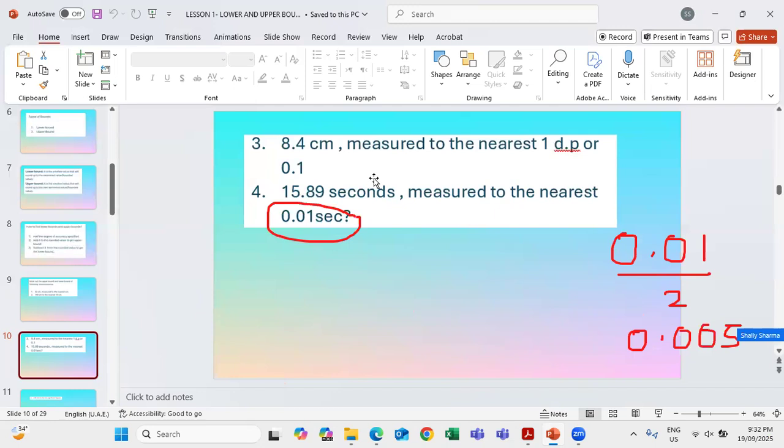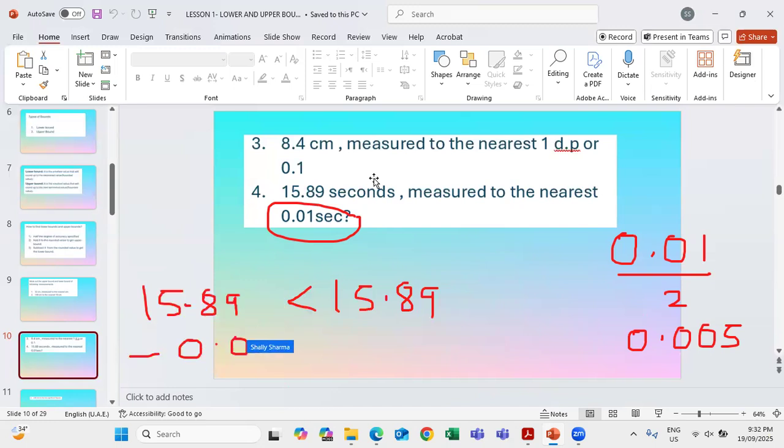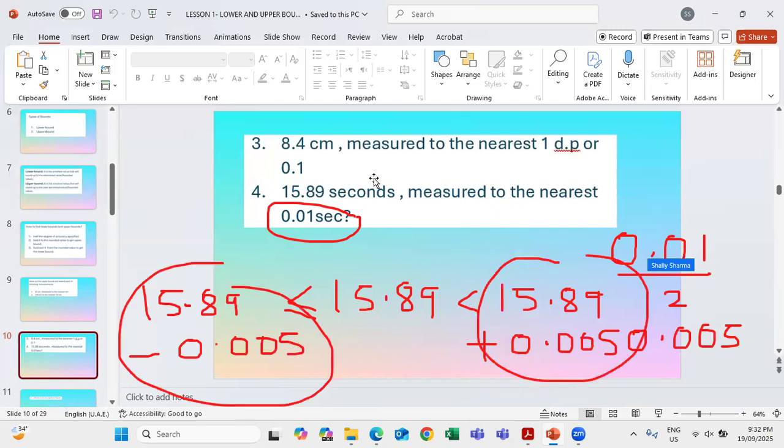The lower value will be obtained by 15.89 minus 0.005, and the upper value you will get as 15.89 plus 0.005. So this way you can calculate and find out the result. This is a way to find out the lower bounds and upper bounds.